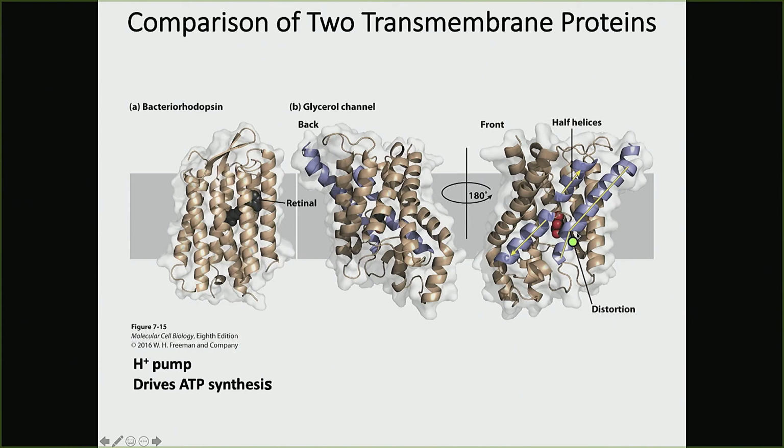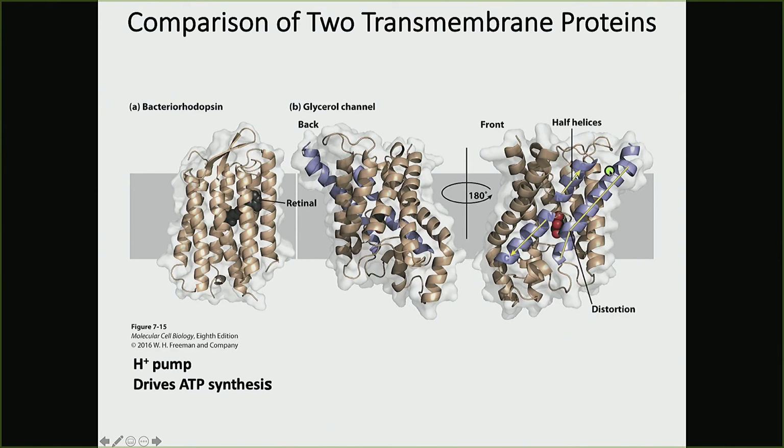On the other hand, right here, this is a glycerol channel from E. coli. These are from bacteria. This is a glycerol channel, and these are solved atomic structures, and these are the two glycerol channels. Here is kind of an interesting example: you can see that half of these helices is inserted through the hydrophobic core, and here half of the helices is inserted halfway through.